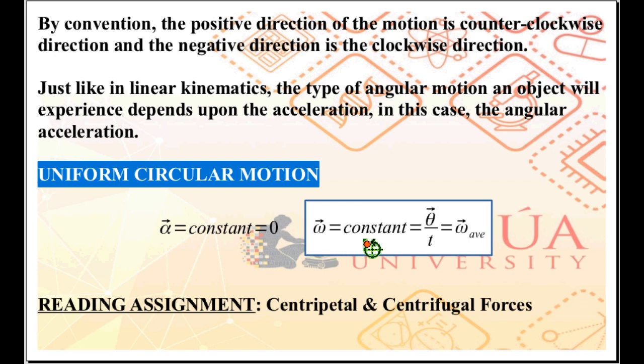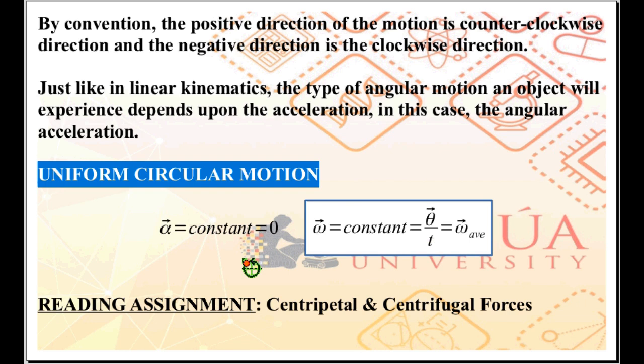For constant omega, d theta over dt reduces to simply theta divided by t. So omega is equal to theta over t. The angular velocity is constant, therefore the initial angular velocity, the final angular velocity, and the average angular velocity are equal. So you only have theta over t as the equation for angular velocity.